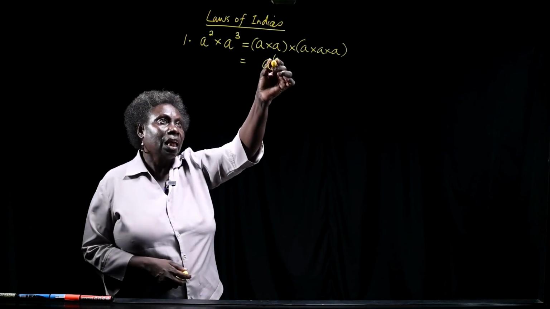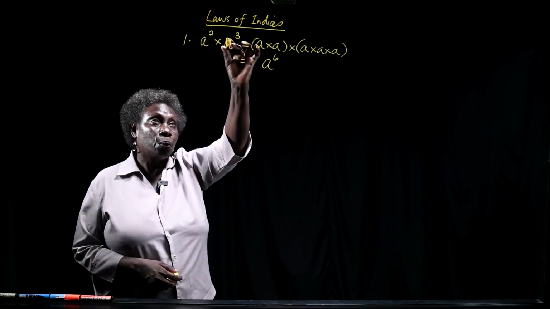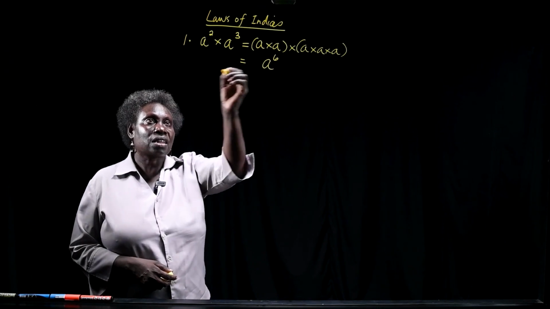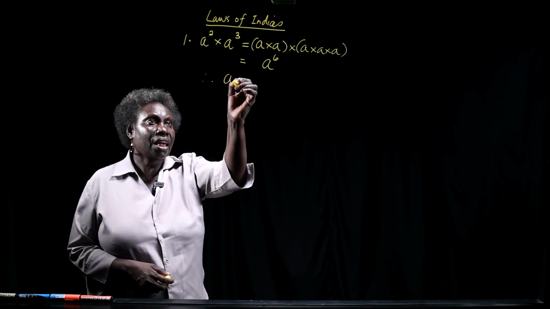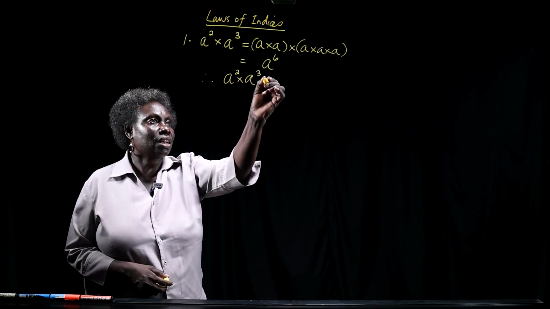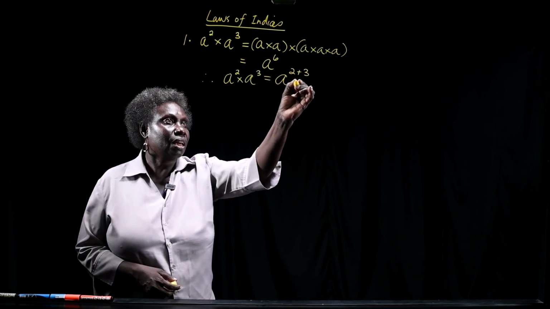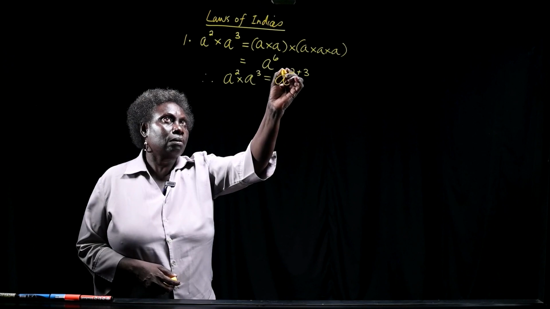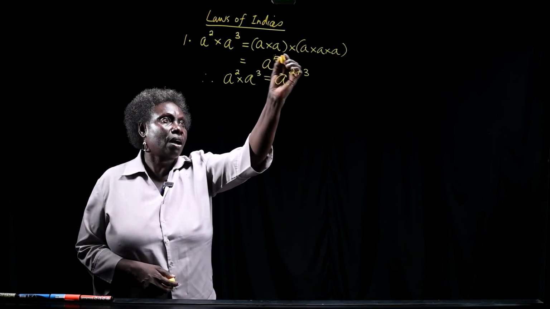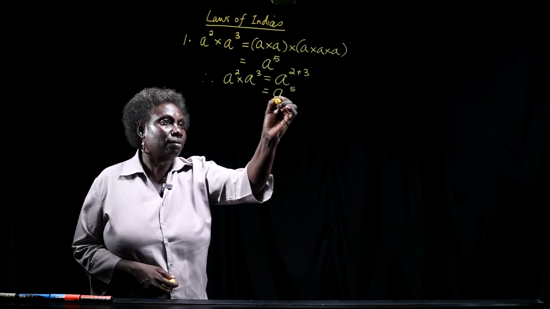We can see from here that when we are multiplying powers with the same base, we simply add the powers. Therefore, we say a to the power of 2 times a to the power of 3 is equal to a to the power of 2 plus 3, which is a to the power of 5.